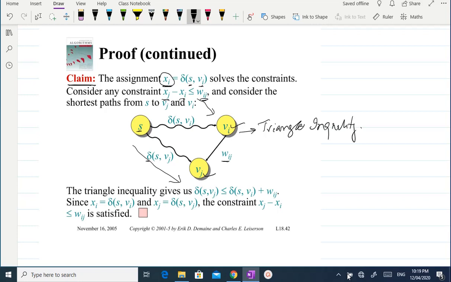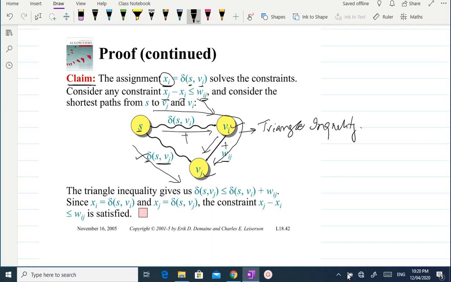If we take a detour from s to vi first and then on to vj, then the addition of these two will be either greater than or equal to this shortest path. Because if it is not, then I cannot call this the shortest path; rather, the detour will become your shortest path. That's what we have discussed, and this is the triangle inequality.